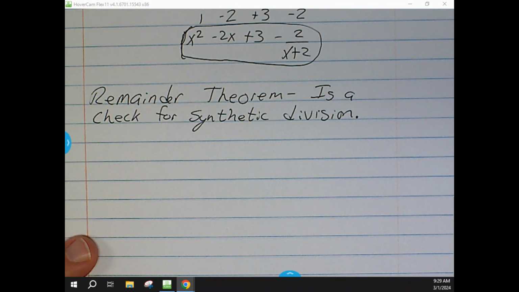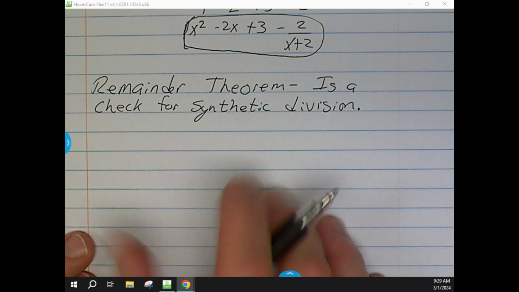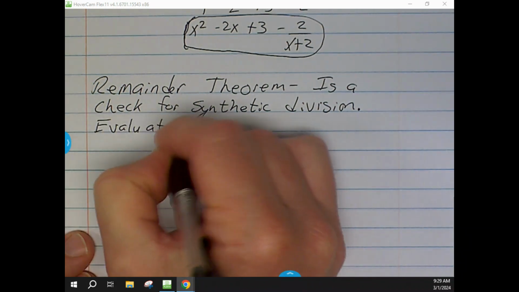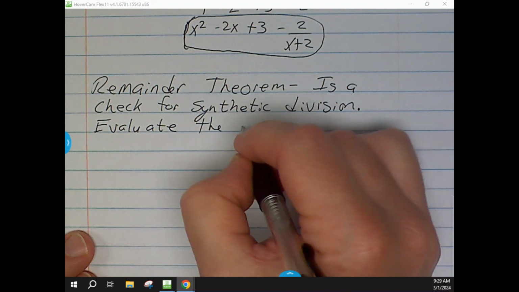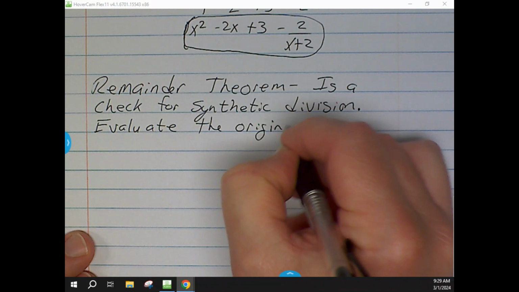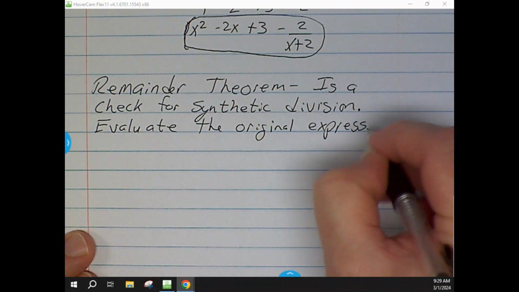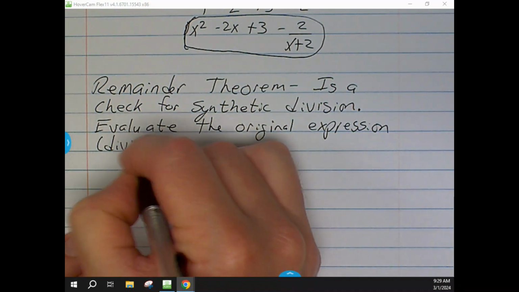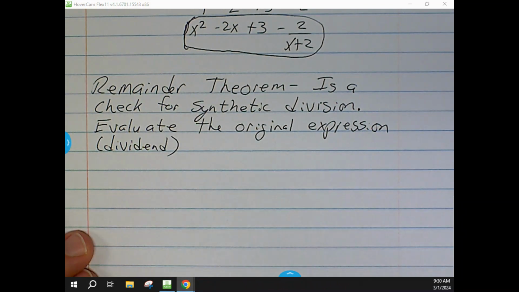And for the check on this one, I hate to say it, it's pretty much a calculator check. This is where you're going to evaluate the original expression, which again in this case is the dividend. Remember, that's what's on the inside, because the divisor is on the outside and the dividend is on the inside.